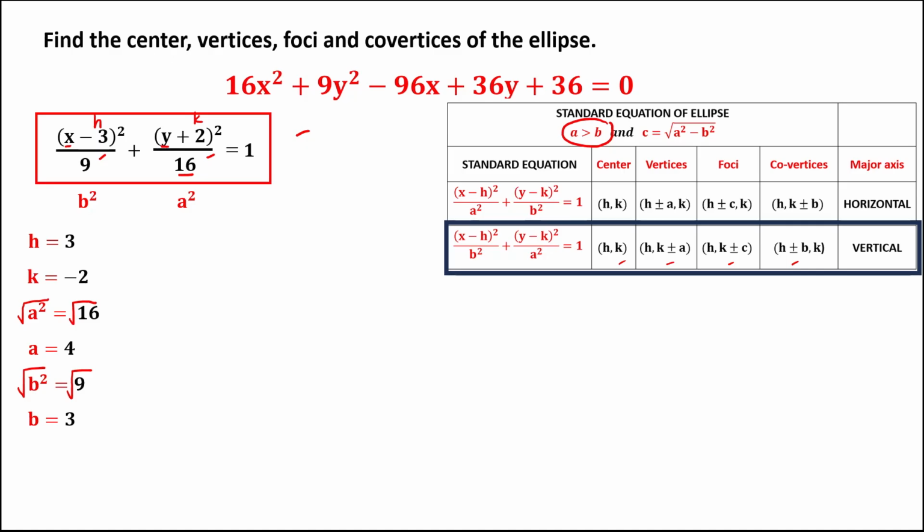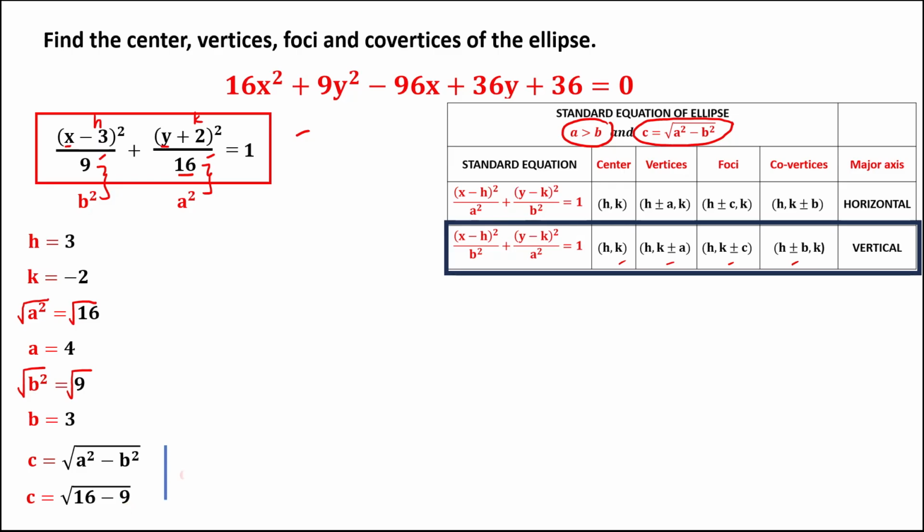Then we also need to solve for c from this formula. That's the square root of a squared minus b squared. Then substitute now the values for a squared, that's 16, and for b squared, that's 9. So we have 16 minus 9.